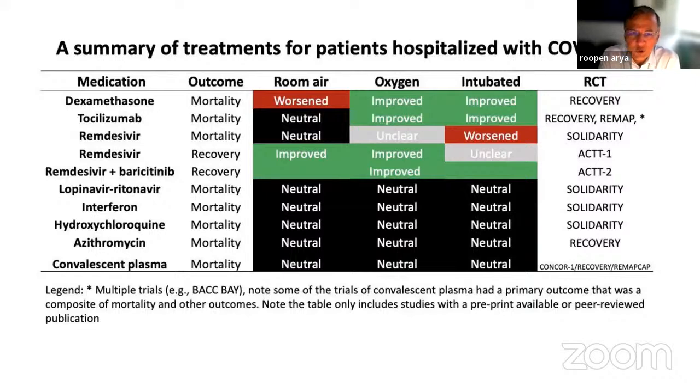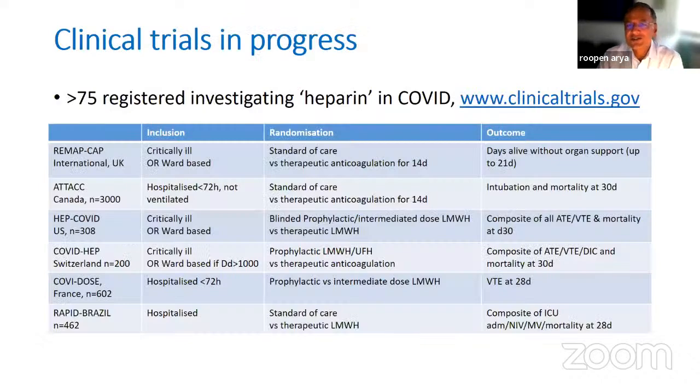But I think there's no doubt that the availability of dexamethasone or tocilizumab or remdesivir have really helped transform the disease.